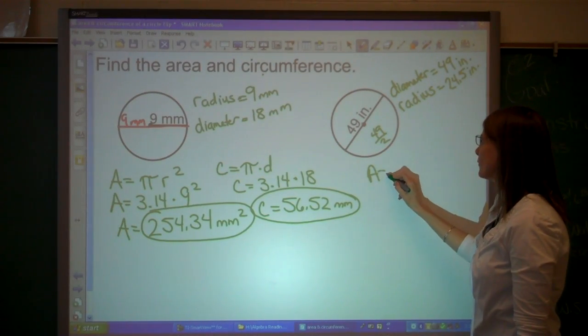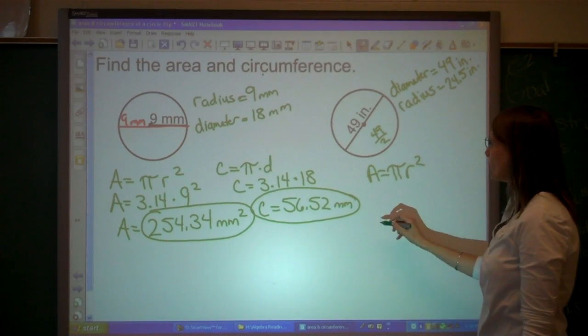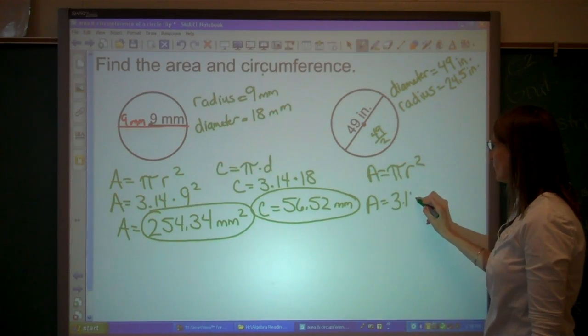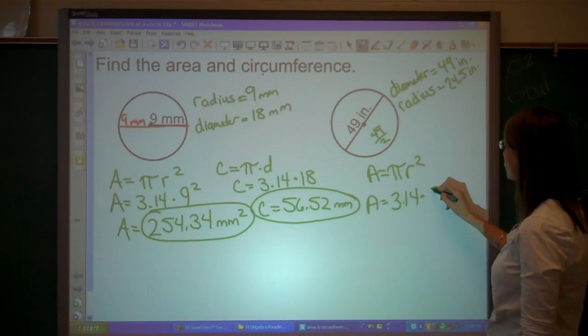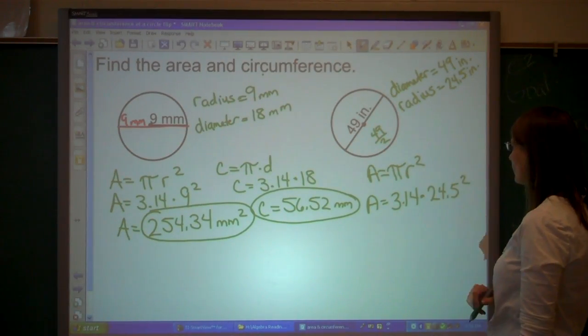So write the formula first. Area equals pi times r squared. Pi is 3.14 times the radius, which we just found, is 24.5 squared.